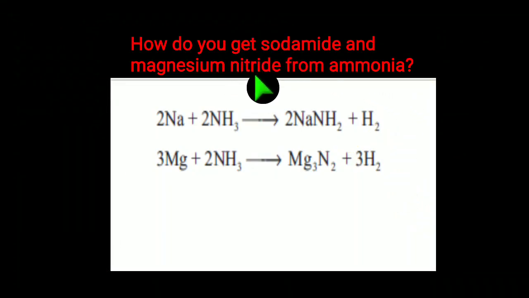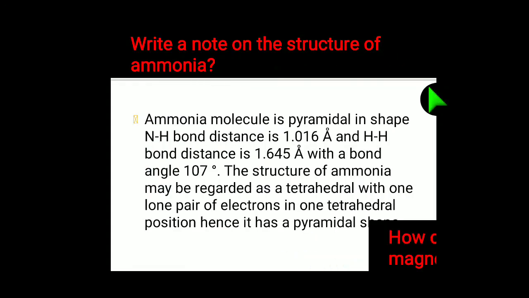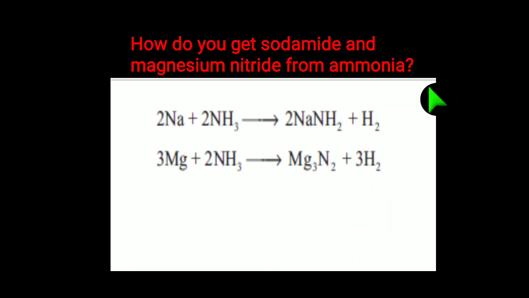Okay, how do you get sodamide and magnesium nitride from ammonia? Sodamide, what's the formula? NaNH2.